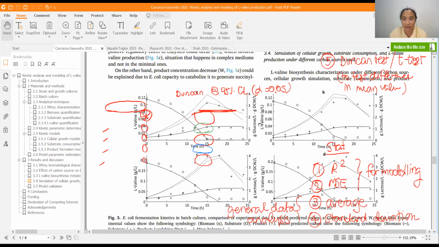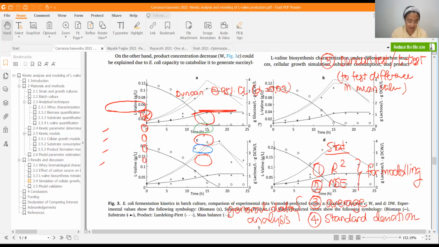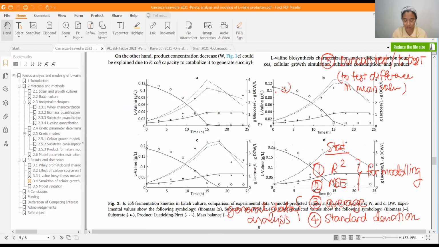All right, up until here it doesn't seem like there are extra things that happen for the statistics used in this paper. Like this one, I just want to show this one. This one is the modeling line, I think.